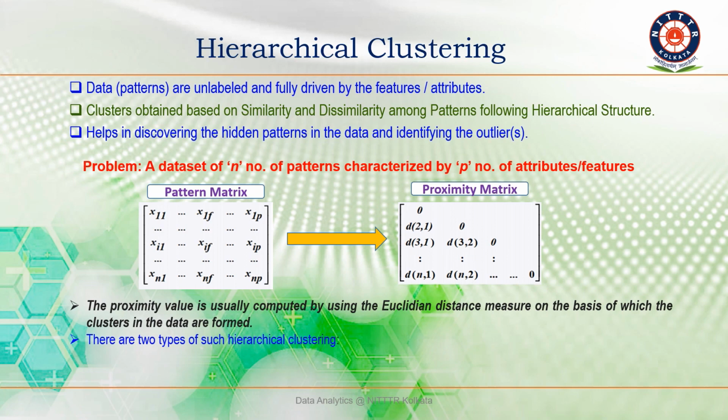So, here there are n number of objects, so we will get nC2 pairs for which we compute the distance values. This distance value, which is the proximity value, is usually computed by the Euclidean distance, on the basis of which the clusters in the data are formed. There are mainly two types of hierarchical clustering called agglomerative clustering and divisive clustering.